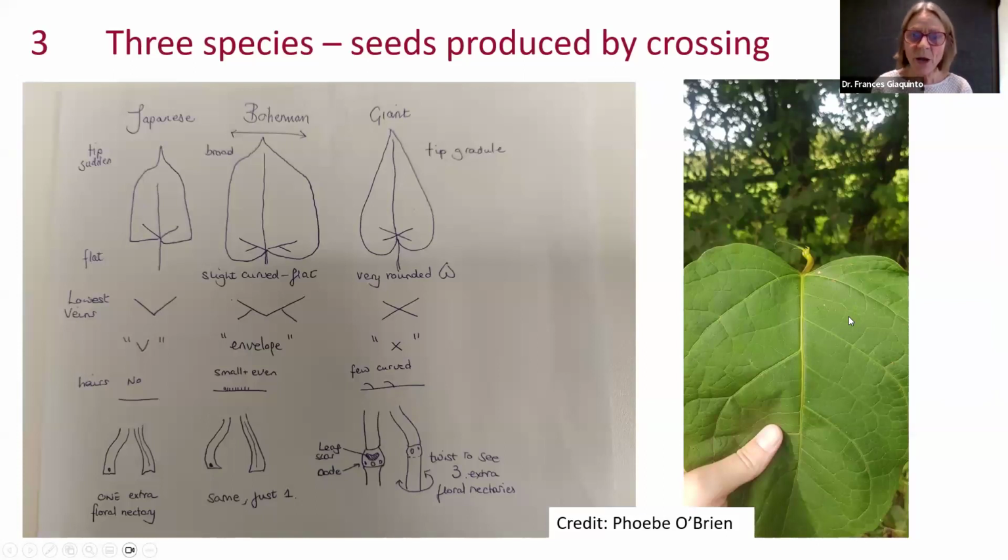Now, one of the key problems with Japanese knotweed, and it's one of the issues we're seeing again and again in invasion biology, the science of invasive species, is that we no longer have just Japanese knotweed. Japanese knotweed only produces female plants.